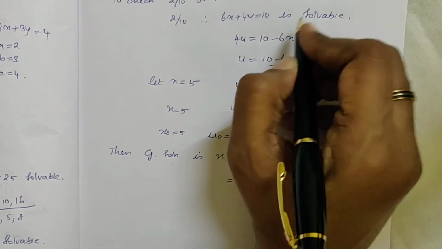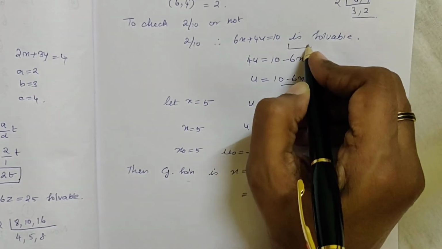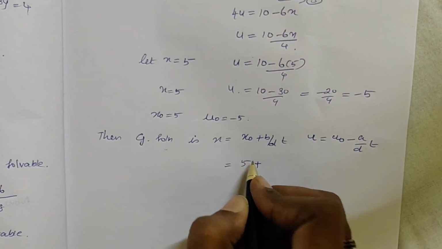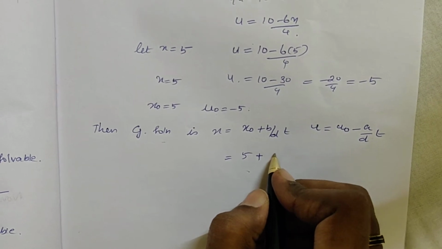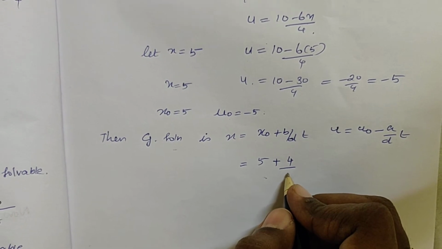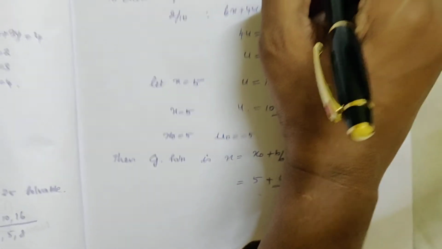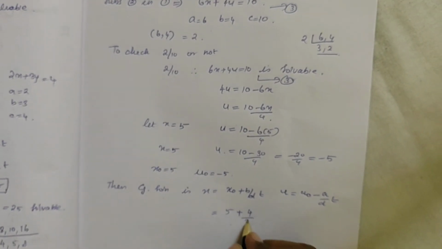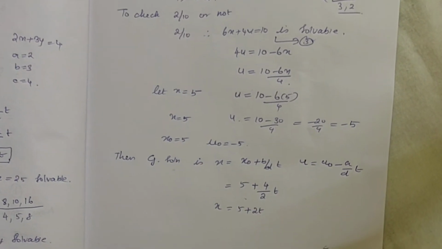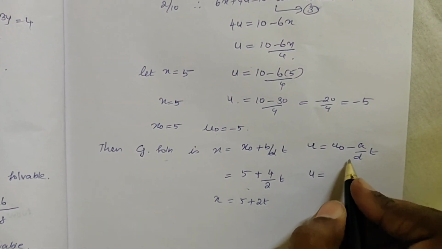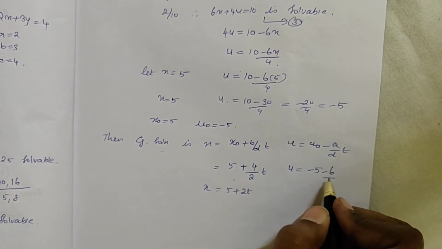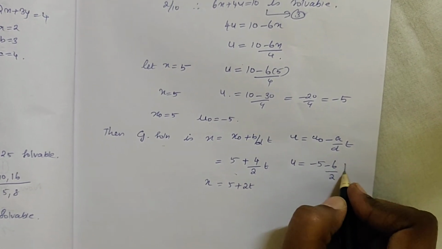From equation number 3, x naught is here 5 and b value is 4, d as 2, t, that is x equal to 5 plus 2t, and u is equal to u naught is minus 5, a as 6, d as 2 and into t.